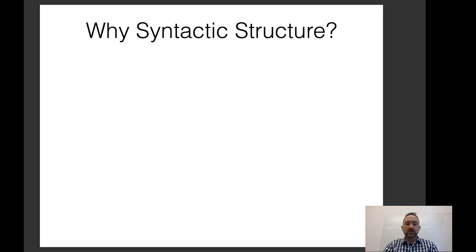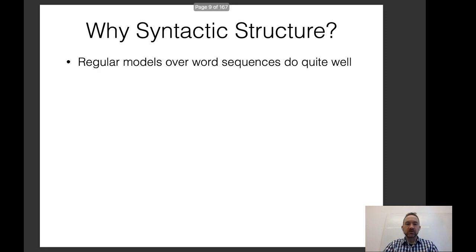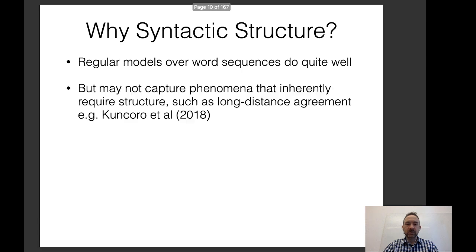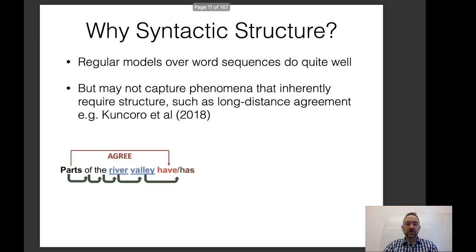Okay, so why would we want to model syntactic structure? What we've seen in previous classes is that regular models over word sequences do quite well, but they may not capture phenomena that inherently require structure, such as long-distance agreement. In English, plural nouns and singular nouns have different verb conjugations.